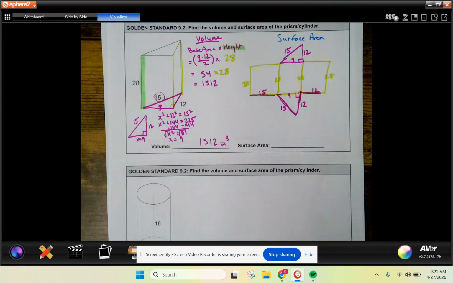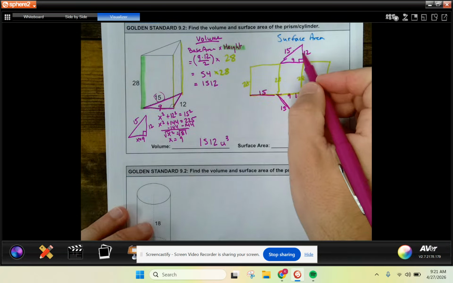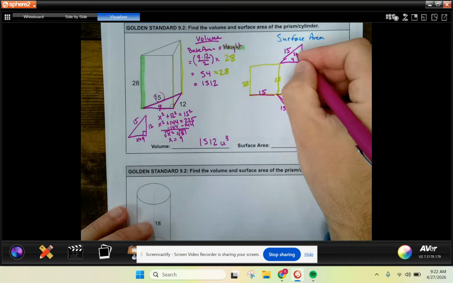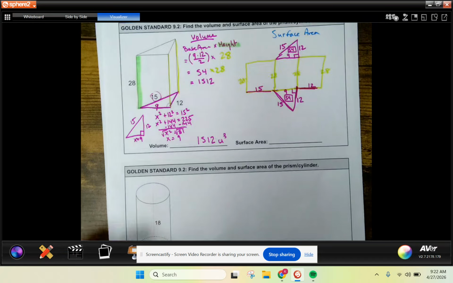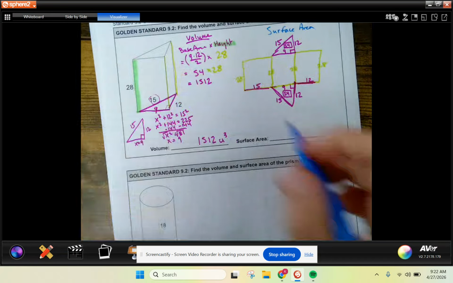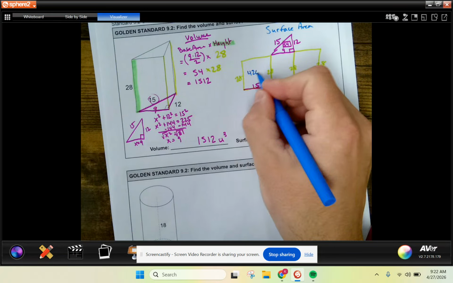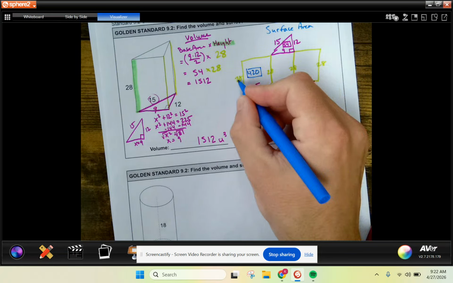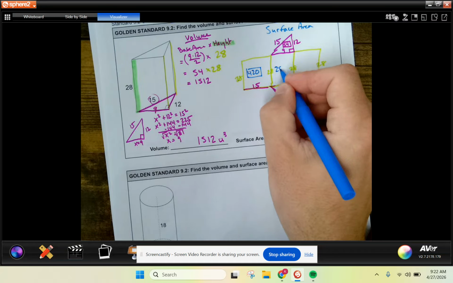So how do we find the area of each one of these pieces? Well, we know the area of the base. 9 times 12 divided by 2 is 54. 54, 54. Then, how do we find the area of these rectangles? 15 times 28 is 420. 9 times 28 is 252.